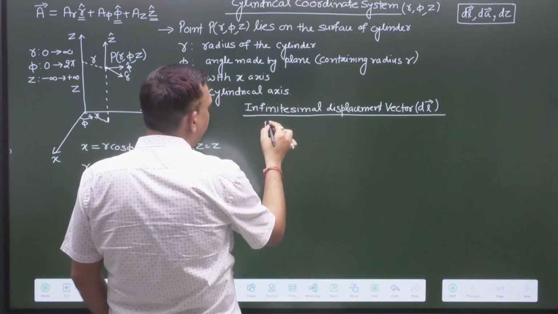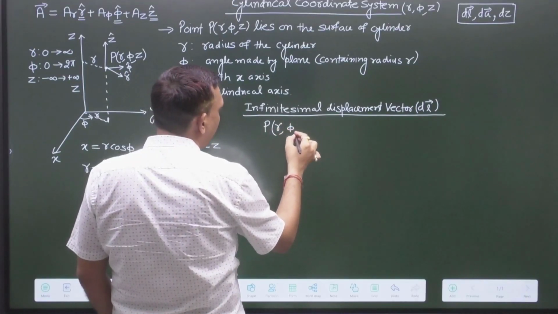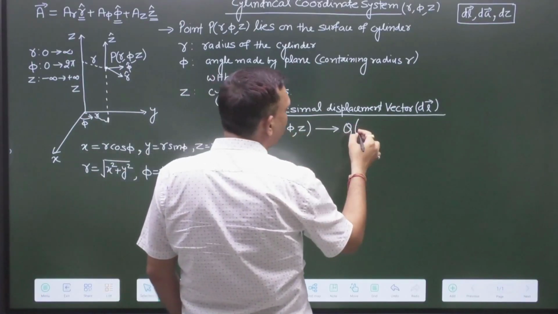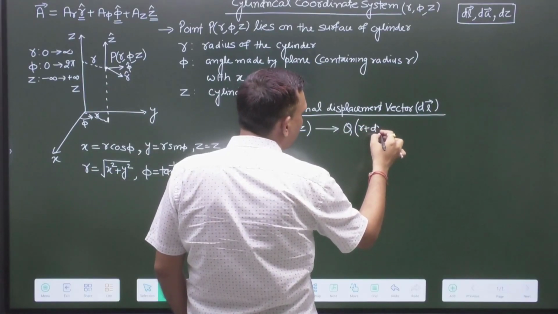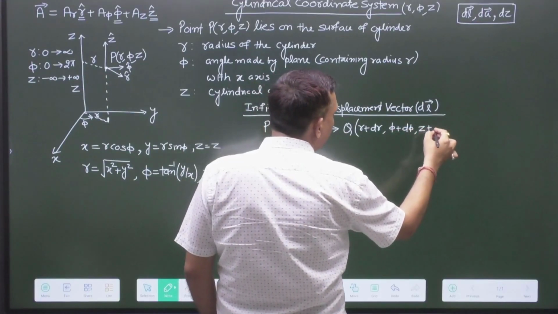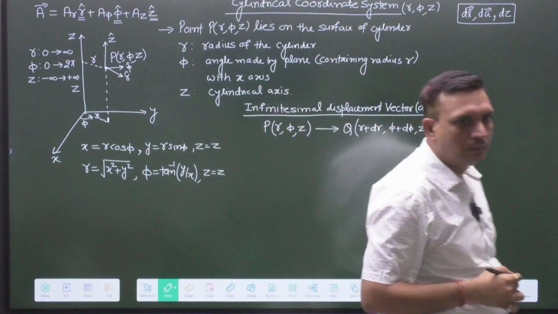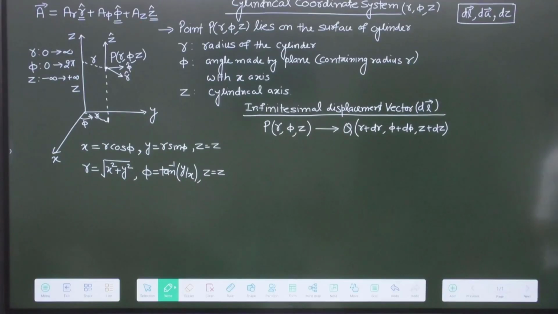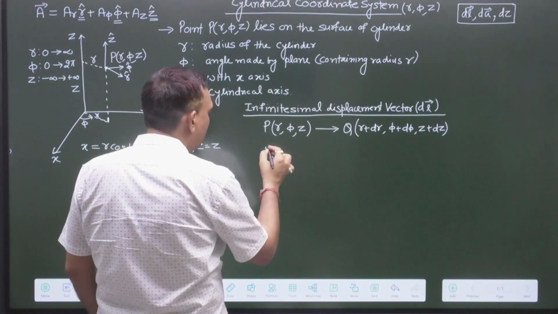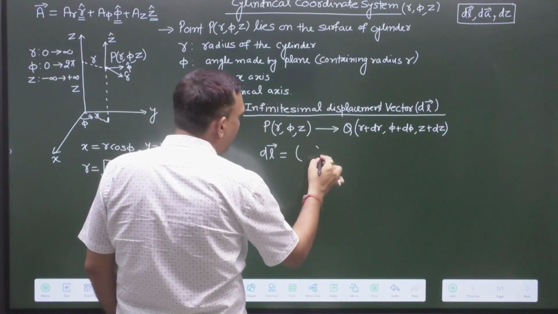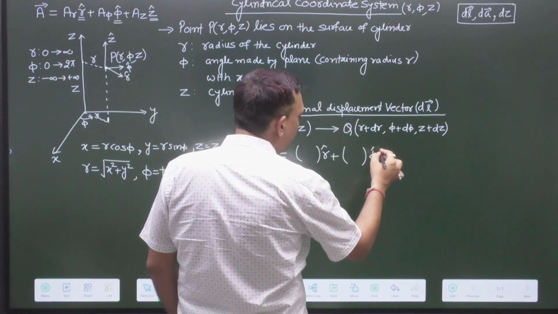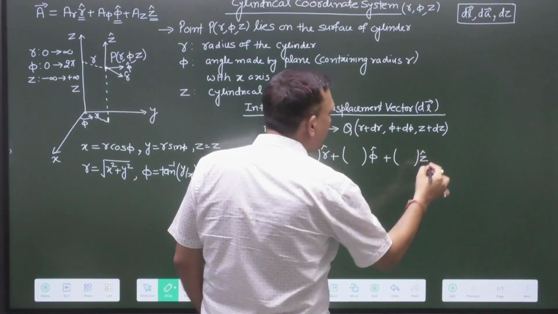So if point P has coordinates r phi z, and there is an elemental change in r phi z, given by dr, d phi and dz, then to write dl you have to see what the change is along r cap, what the change is along phi cap, and what the change is along z cap.